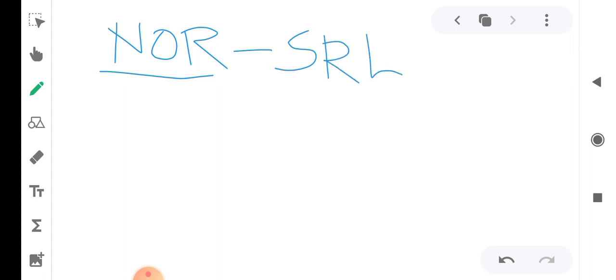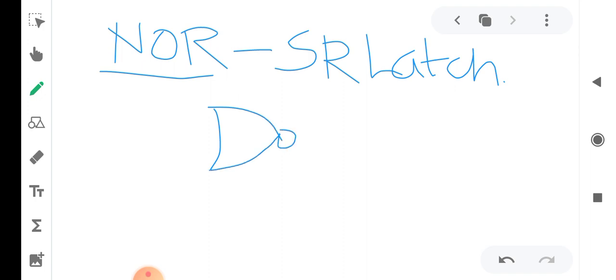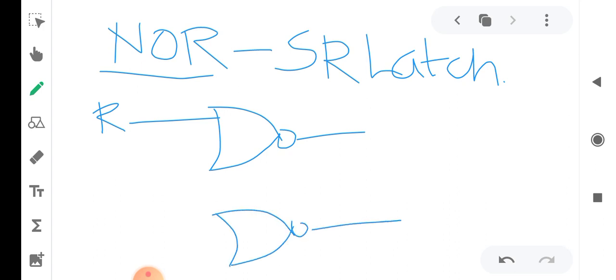It can be implemented by connecting NOR gates in this way. This input we call R, and this input we call S.